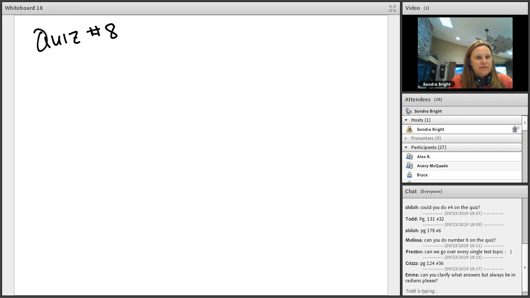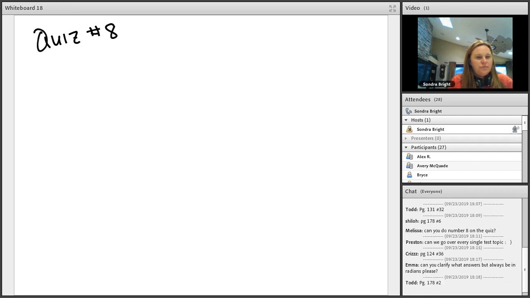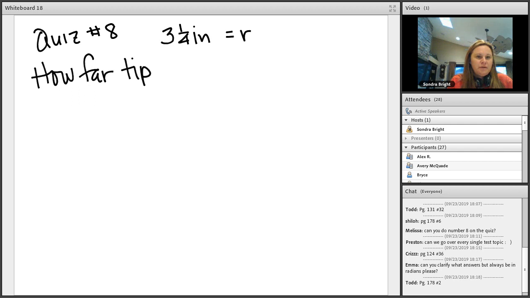So they tell you that the minute hand is 3 1/4 inches long. That's your radius of the minute hand. If the minute hand is that long, that is the radius. How far does the tip move? That's arc length, r theta.